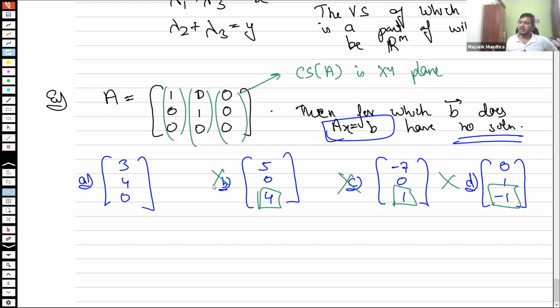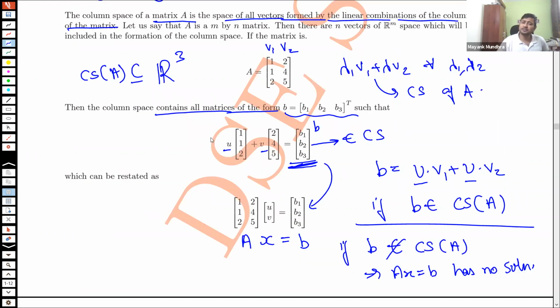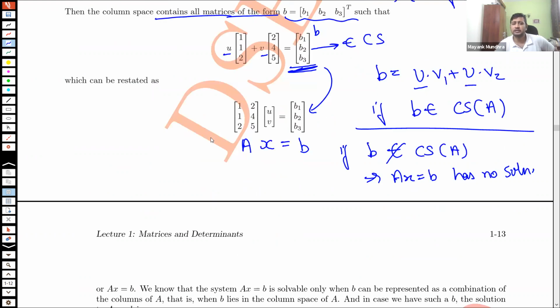Obviously, you would be very lucky if you get a question as simple as this one. Obviously, we are going to look into how to resolve the complicated cases. But here the aim is to understand that any B vector which cannot be reached using a linear combination of these column vectors will have no solution for Ax equals B. How to do that for complicated cases is something we will look at subsequently.